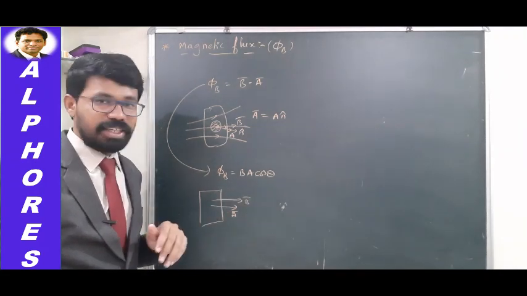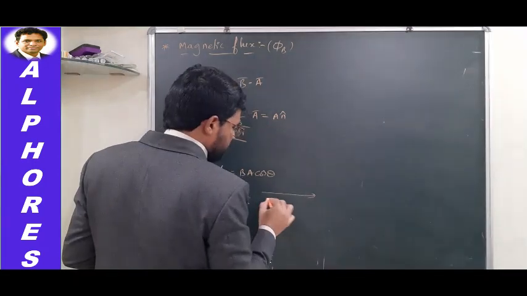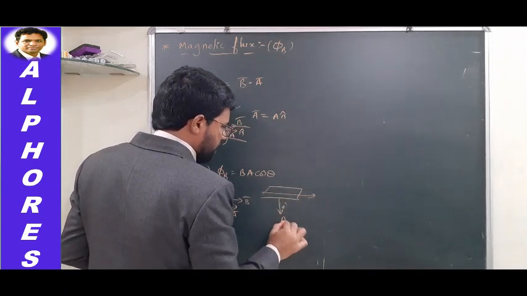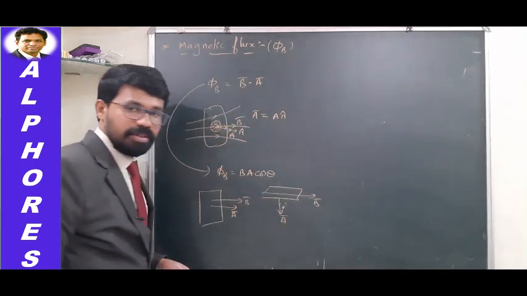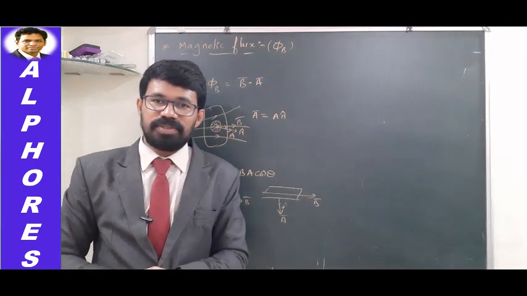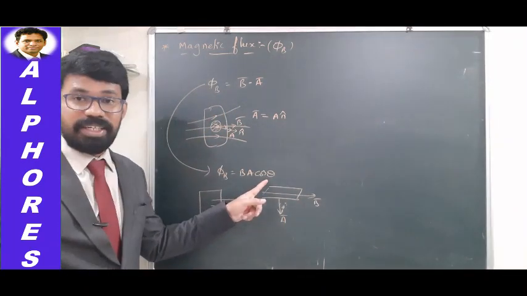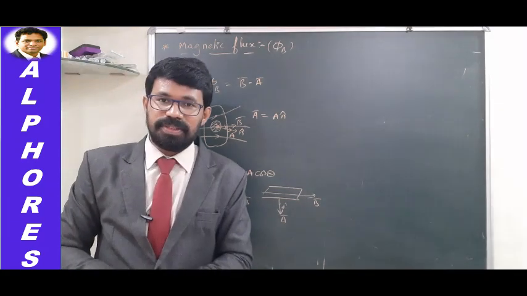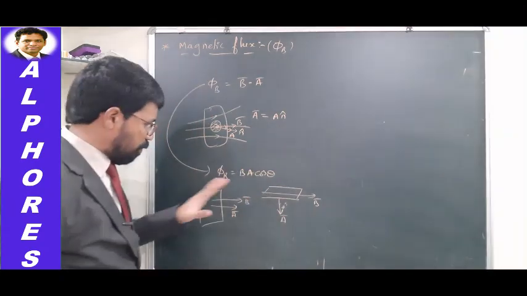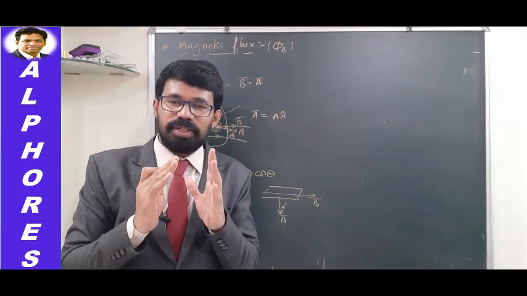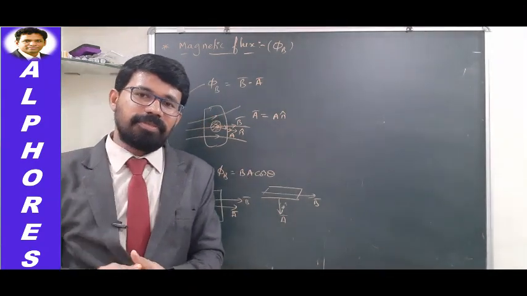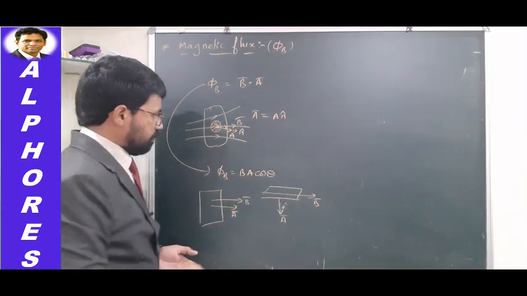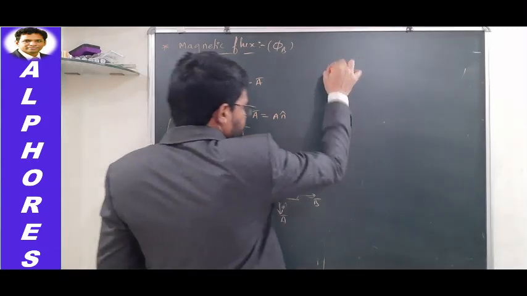If theta is 90 degrees, for example, the field is along this direction and the surface is horizontal, so this is the direction of area, this is the direction of B bar. Now what is the angle between these two? 90 degrees. So when you replace theta with 90 degrees, cos 90 is 0, so flux passing through this surface will be 0. And whatever points I am quoting here are quite analogous to the electric flux points, isn't it?